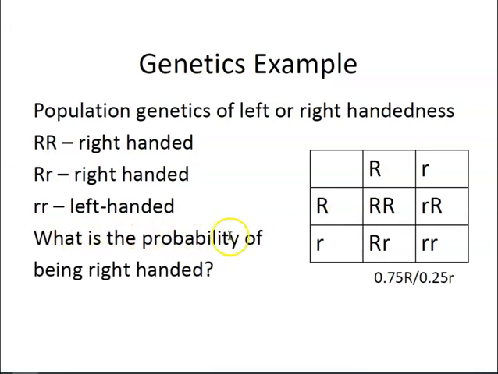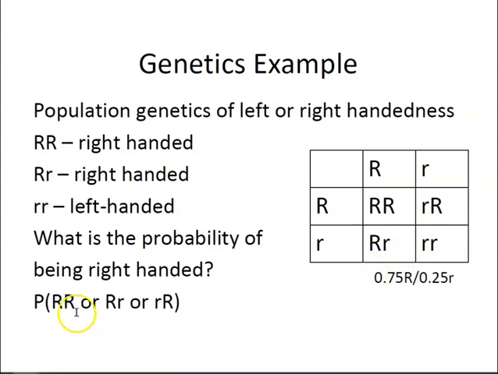If we want to find out the slightly different version of this question, what's the probability of being right-handed? Remember, our inheritance pattern is that all of the heterozygotes and the homozygous dominant are going to be right-handed.